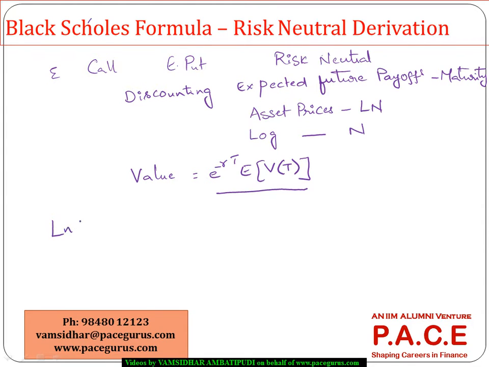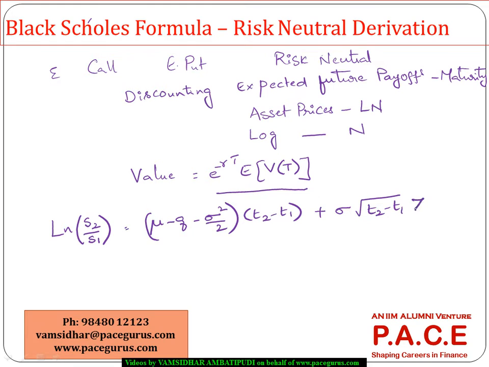We have established the equation saying log S2 by S1, which is the logarithm of the returns, can be modeled in the form of mu minus q minus sigma squared by 2 times t, which is the difference in the time periods between S2 and S1, plus sigma times the square root of T2 minus T1 times the standard normal variable Z.